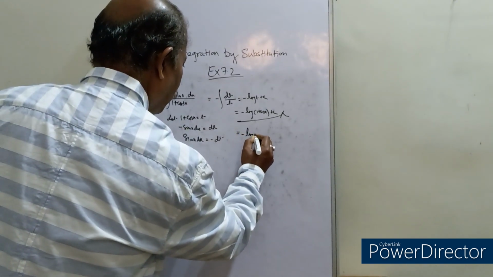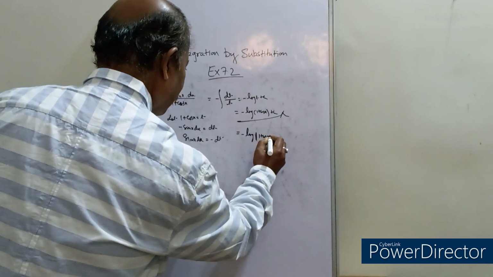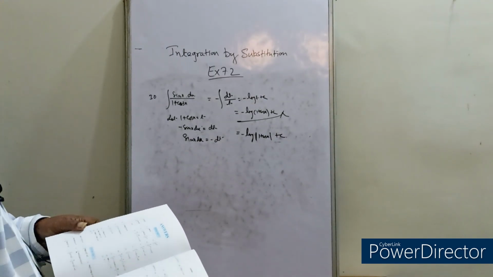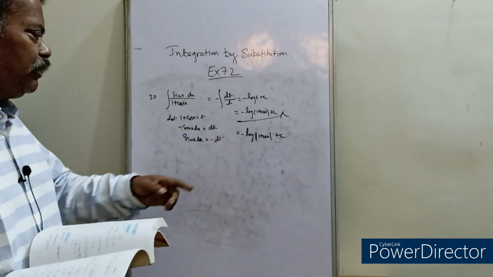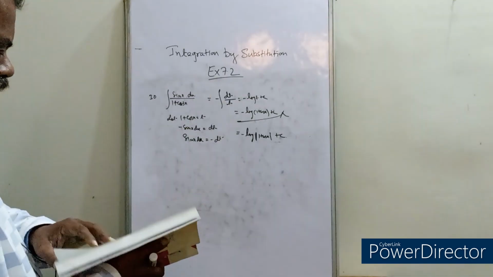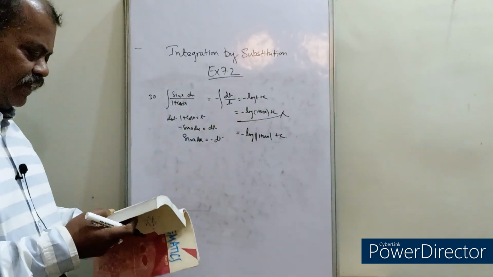Log is always expressed in modulus, log of modulus 1 plus cos x. Why? Because log of a negative number does not exist; always log of positive numbers is taken. So it has been given a modulus sign. It doesn't matter whether you write it or not, everything is correct.